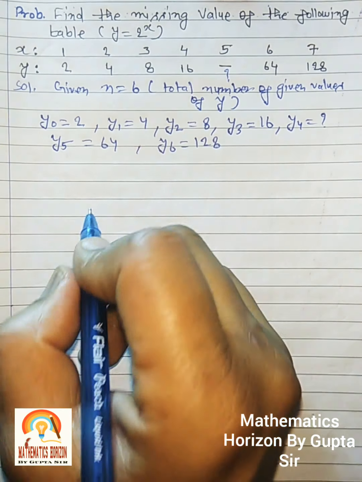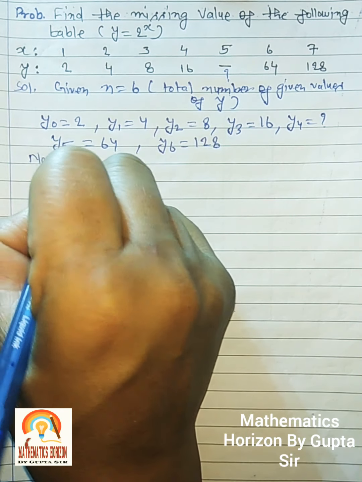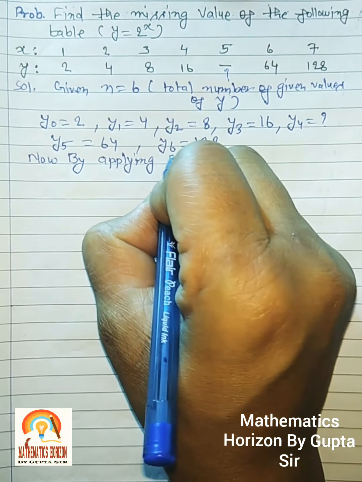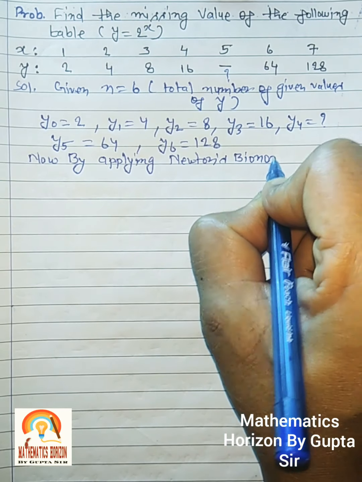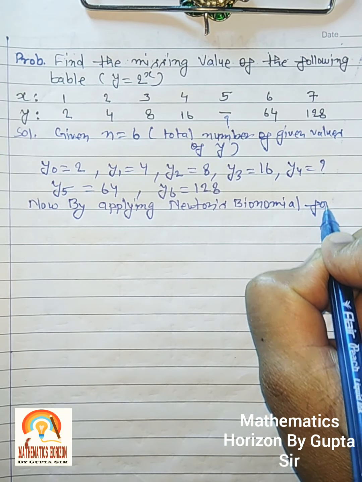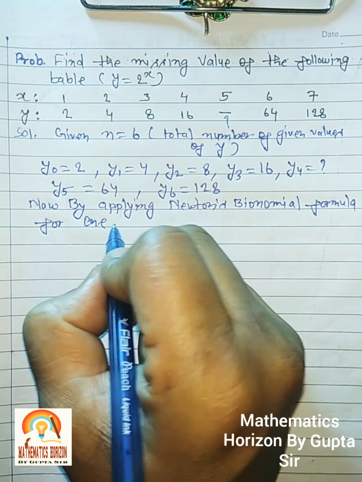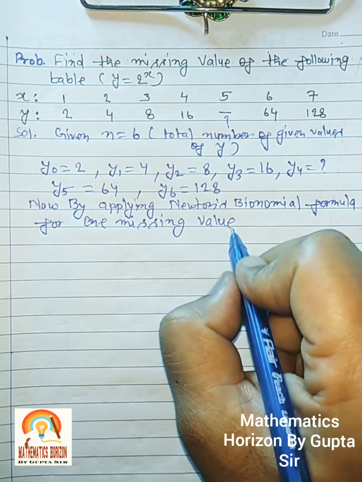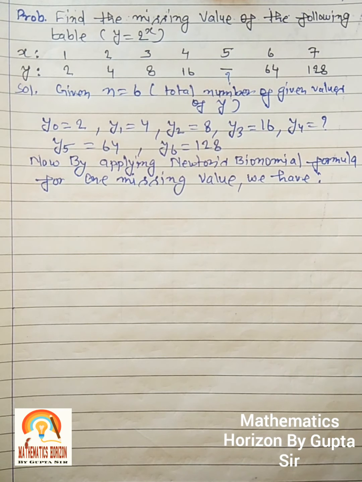Okay, now by applying Newton's binomial formula for one missing value, what is the formula?